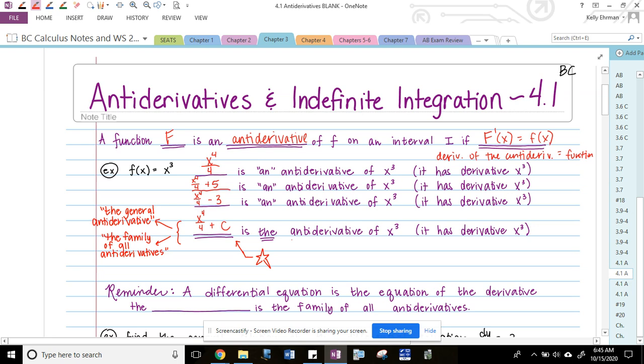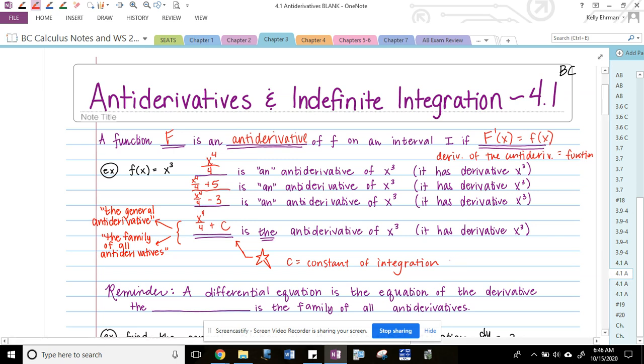And so this c that we have is called the constant of integration. You're going to be told over and over and over again, don't forget your plus c.